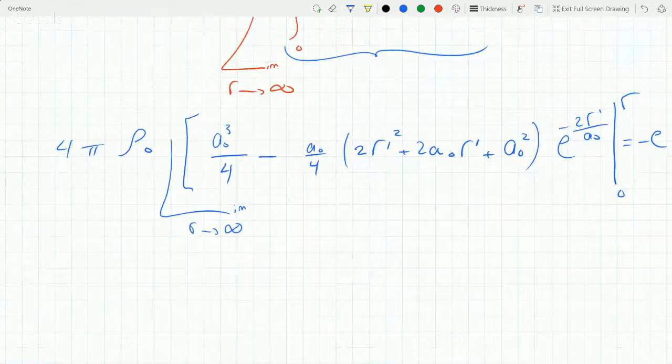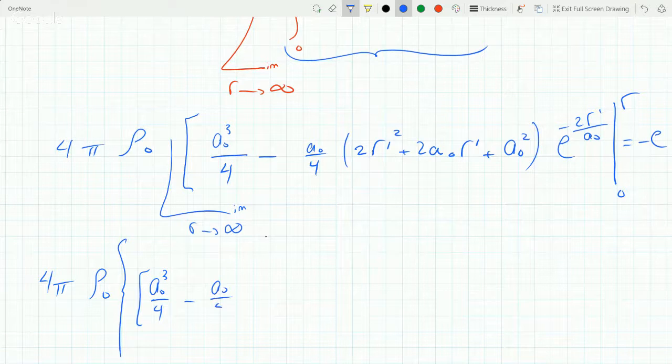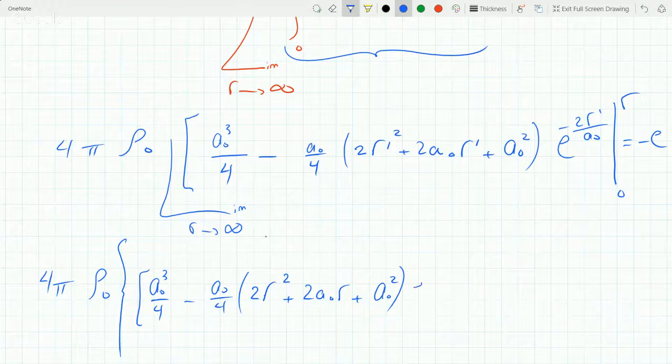So if r is r, we get the same thing. So we get 4 pi rho 0 times a0 cubed over 4 minus a0 over 4 times (2r squared plus 2 a0 r plus a0 squared) times e to the minus 2r over a0.